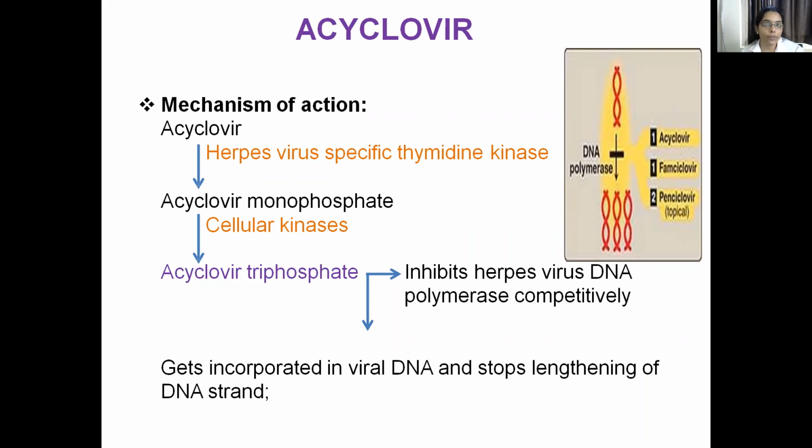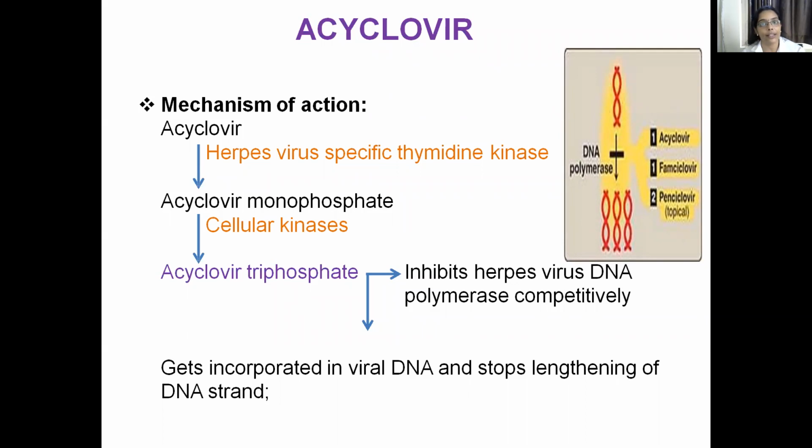Now this has a very limited host cell cytotoxicity because this drug enters both the infected as well as the non-infected cells, but in the non-infected cells, the phosphorylation of acyclovir to its triphosphate form is limited, whereas in the infected cells, it is actively converted. So that is the reason the toxicity is limited mostly to the cells infected with the virus.